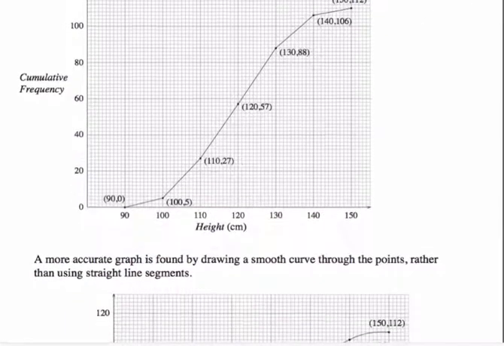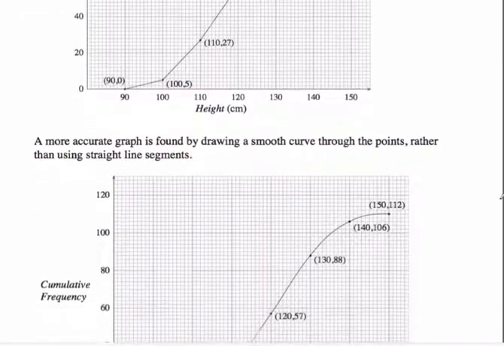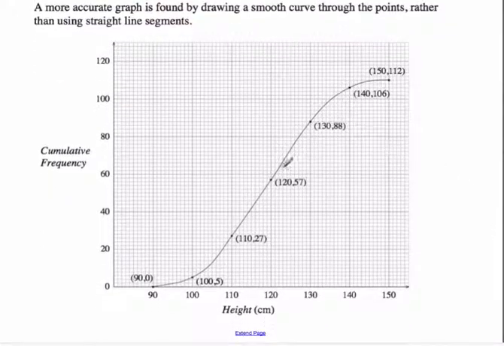Okay, and rather than drawing straight lines between the points, we prefer to use a curve to get a more accurate measurement. Alright, so what we can do with this cumulative frequency curve is measure where the median is. The largest value is 112.